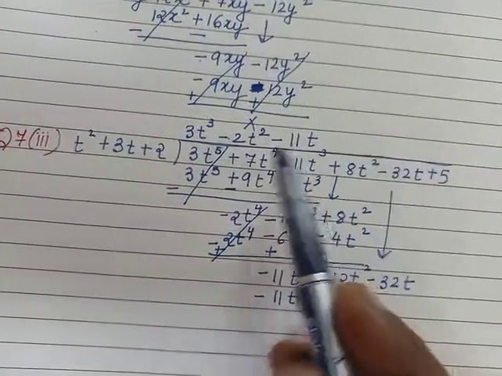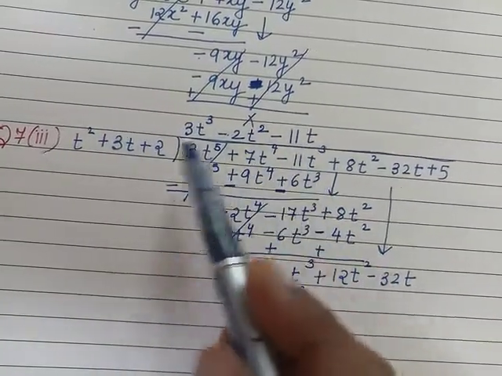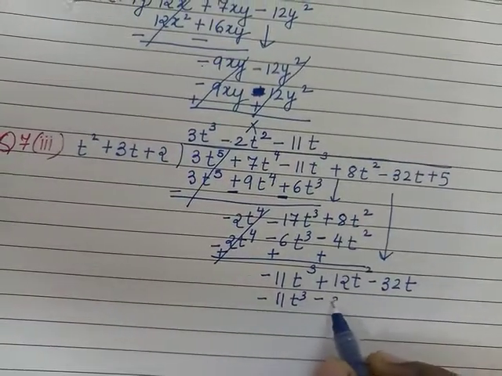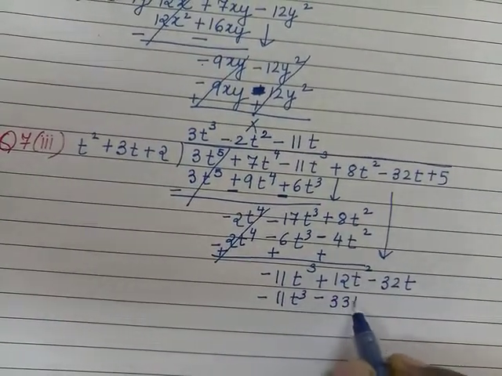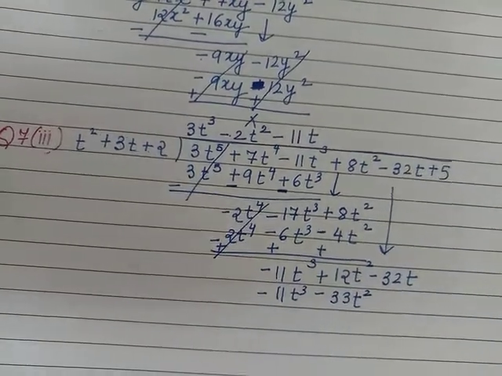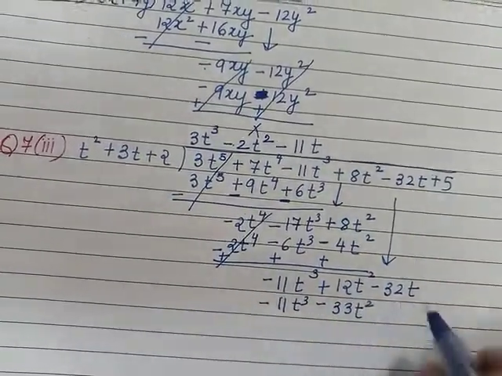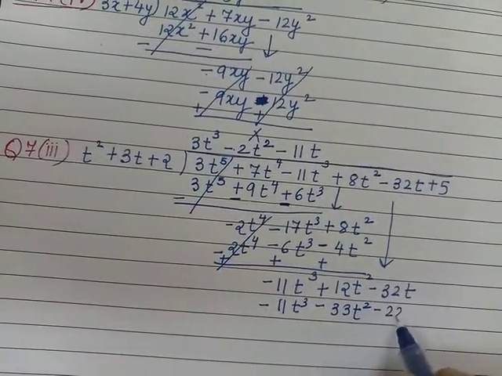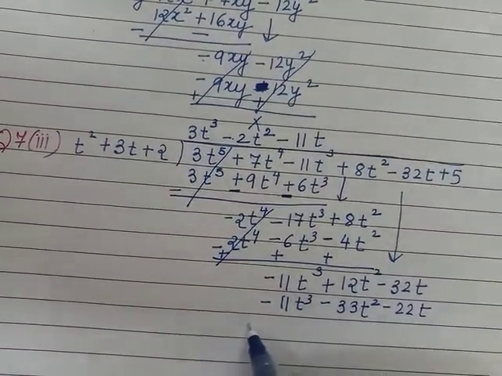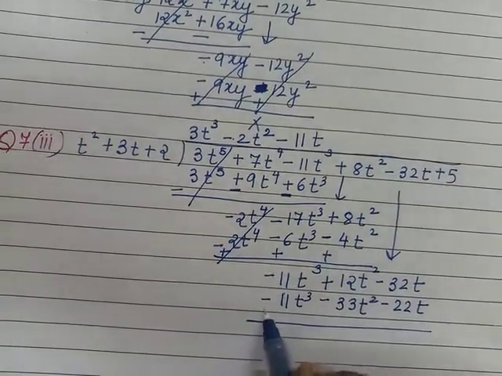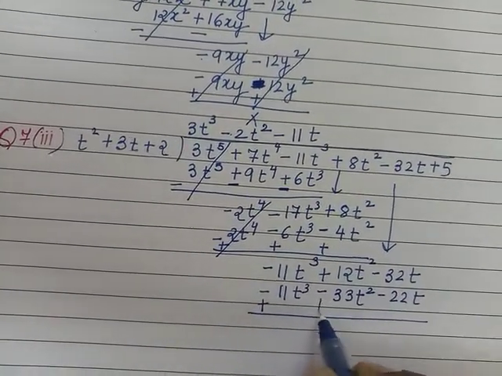When it is multiplied with the second term, plus minus will give you minus, 11 threes are 33t square. When you multiply this with the third term, plus minus will become minus 22t. Now again we subtract the two expressions by changing the sign.